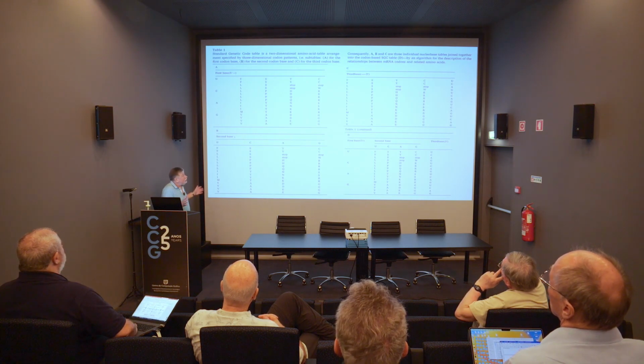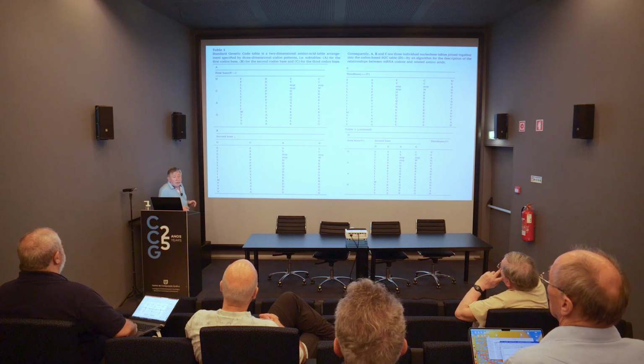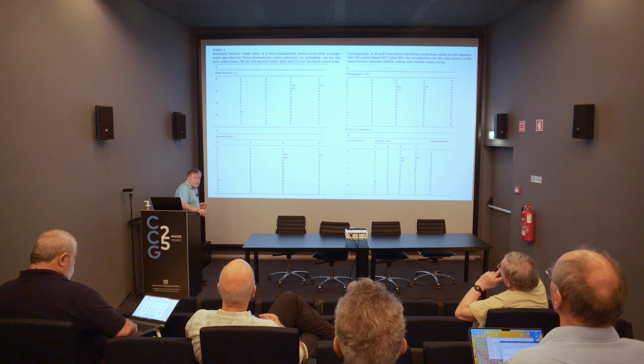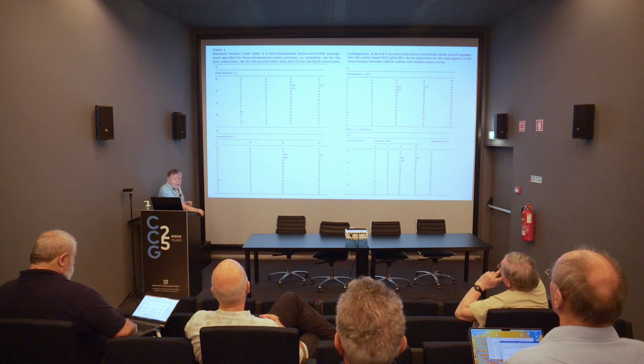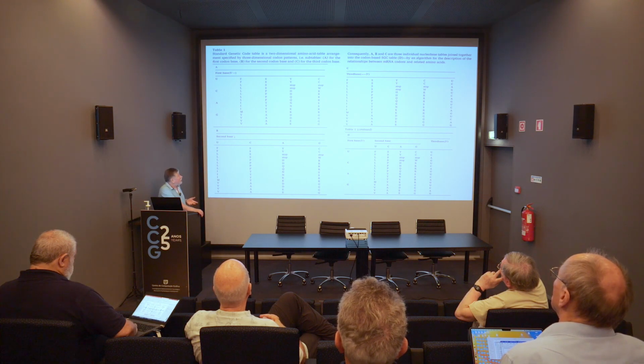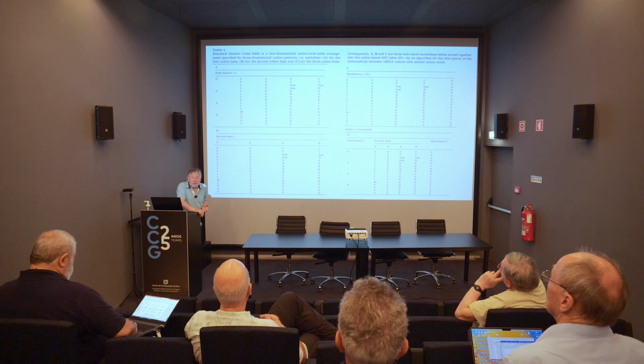Another problem with the genetic code table, no, it's not a problem, it's a characteristic, is that it is basically not two-dimensional with respect to codons. It's 3-dimensional.